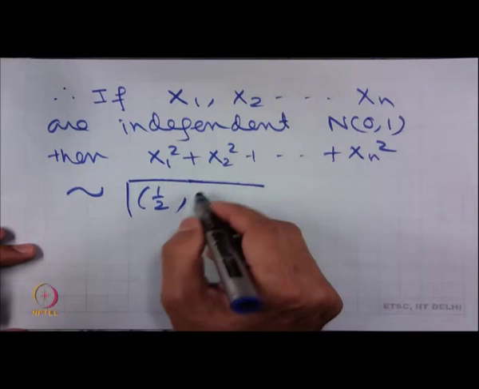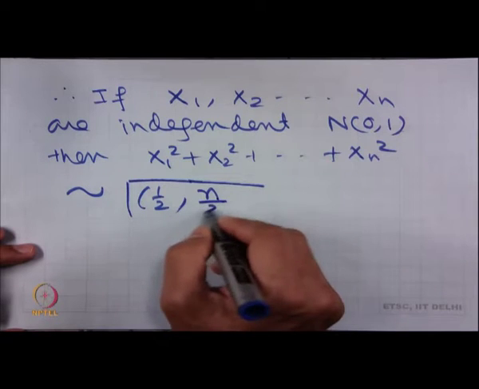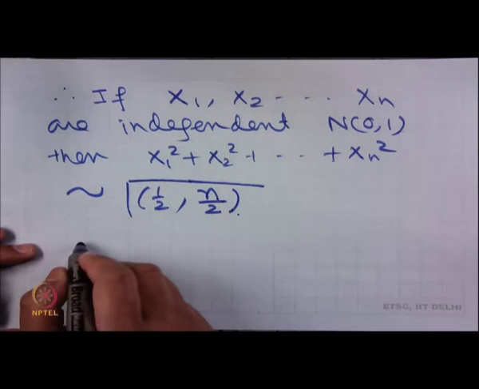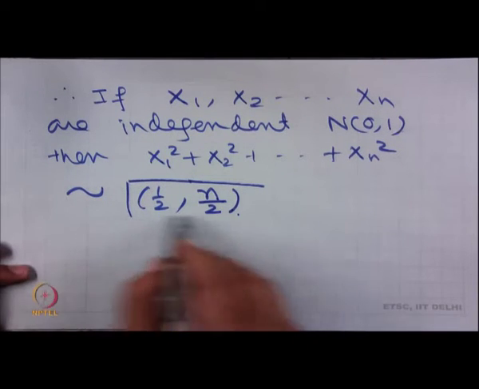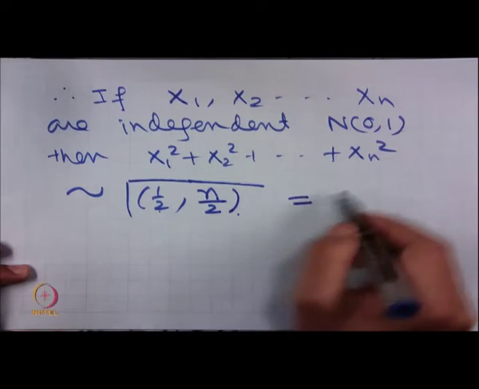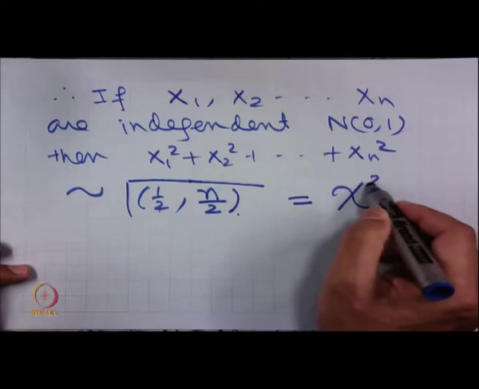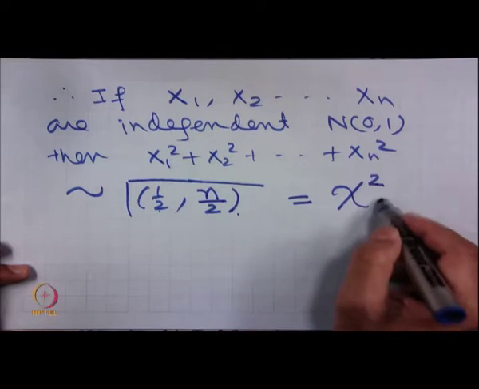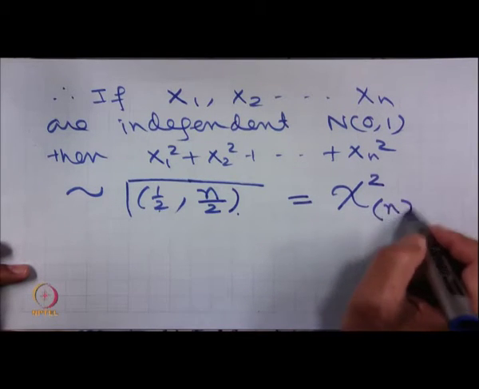Therefore, when we add them up, we will get n by 2. Therefore, a gamma half with n by 2 is same as a chi-square distribution with degrees of freedom n.